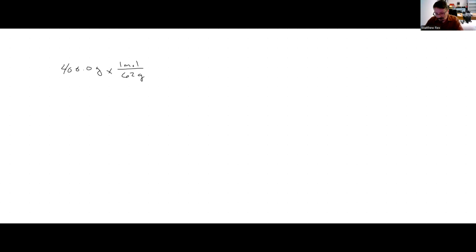So 400 divided by 62 is going to get us 6.452 moles of that ethylene glycol.